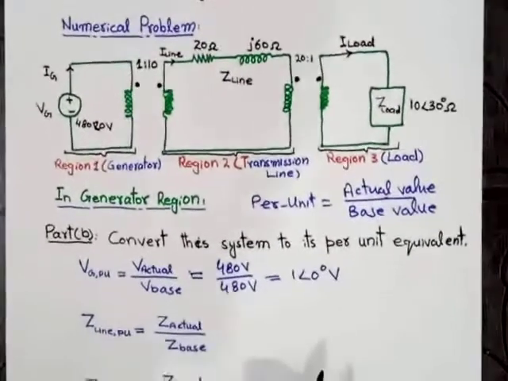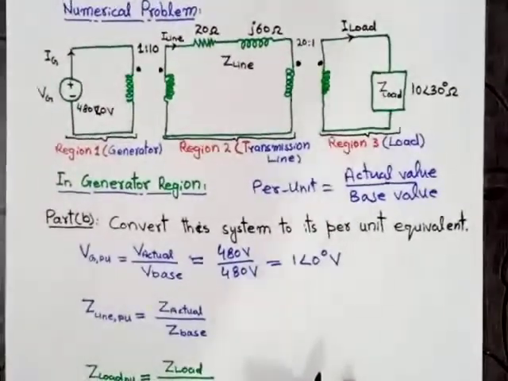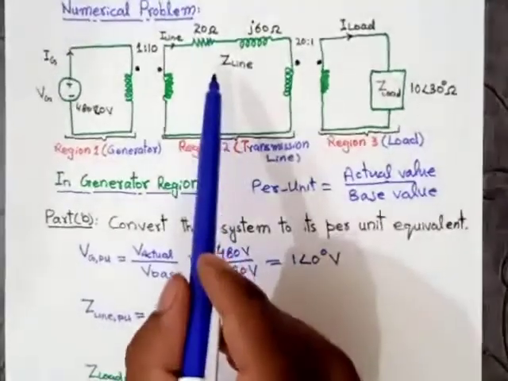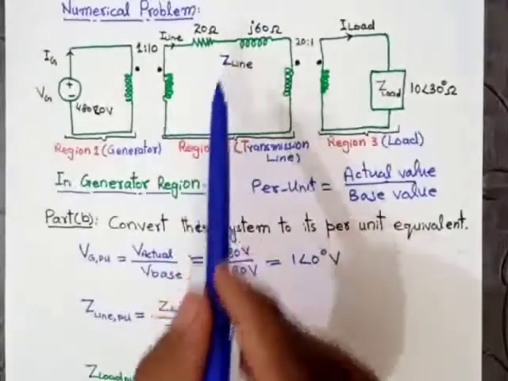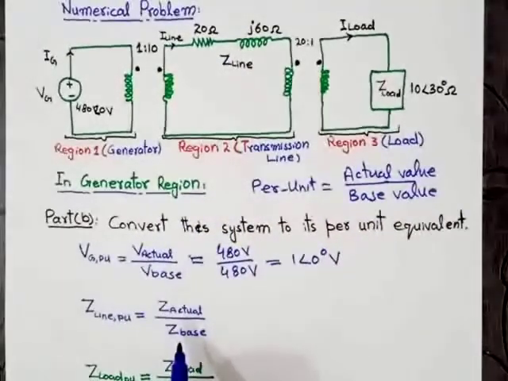Similarly, now we will find the line per unit impedance. This is the actual value of the line impedance. We will divide the actual value by the base value of the impedance, and by dividing this we can find the line per unit impedance.